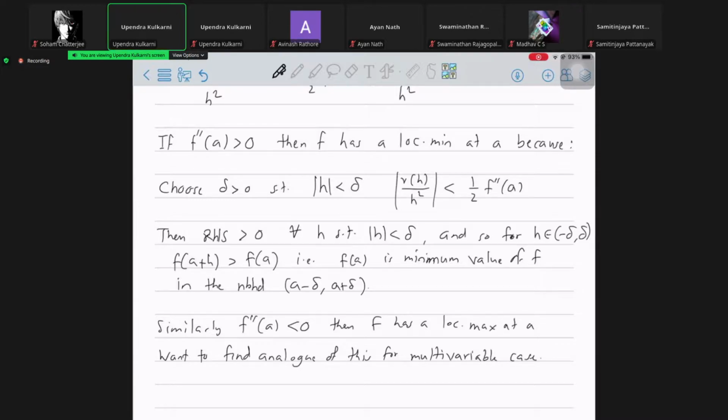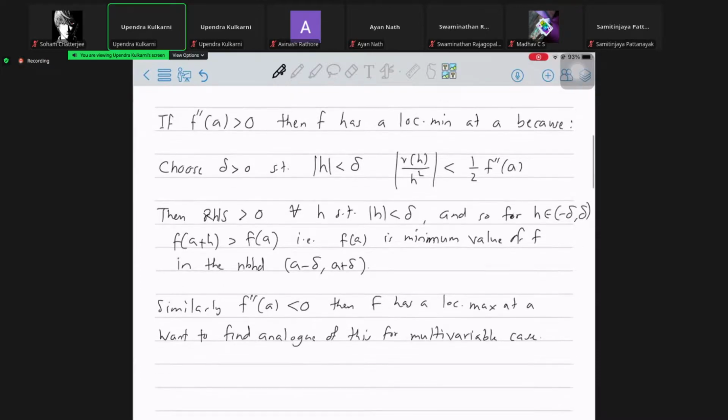Multivariable case. By the way, what happens if the double derivative is 0? So we have to check higher derivatives. Then the double derivative itself really cannot tell us.